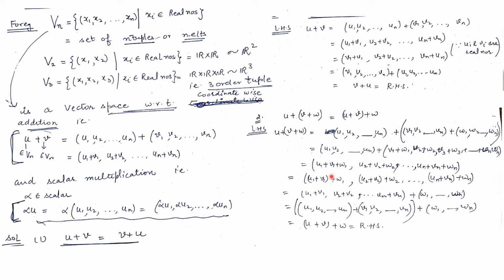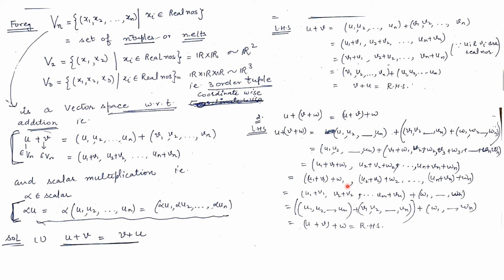Already we know that the set of real numbers satisfies the associative property, so we can put the bracket over here and so on. Now this is nothing but u, this is nothing but v, and this is nothing but w. So this is your right hand side. So with respect to addition, Vn satisfies the associative property. So the first property is satisfied, the second property is satisfied.